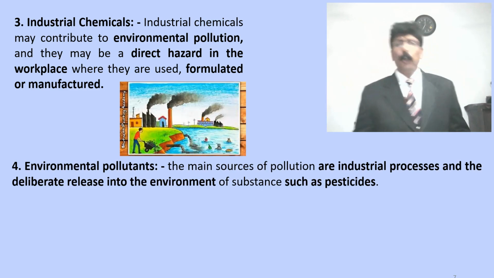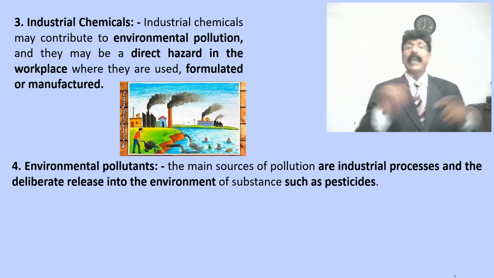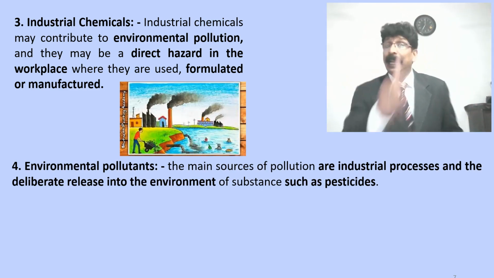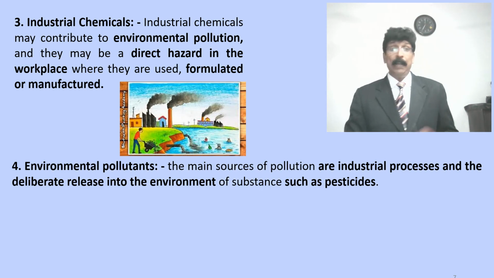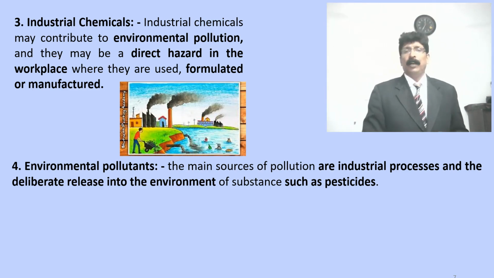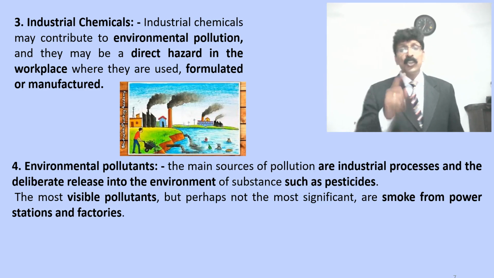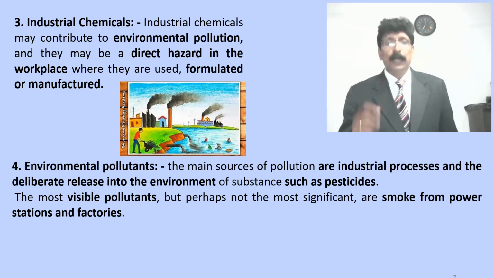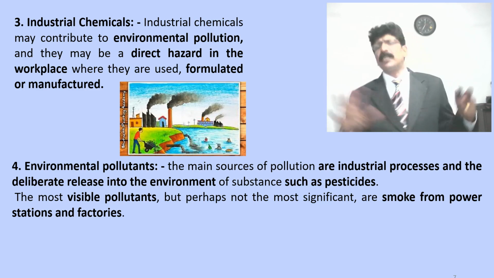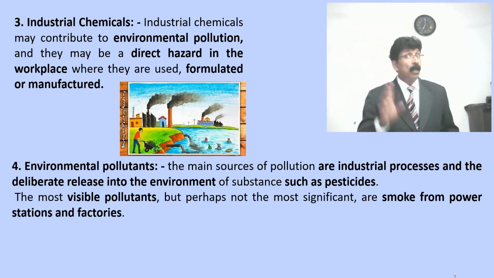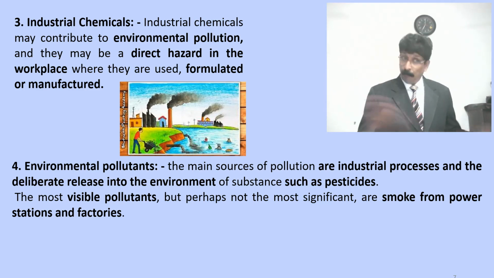Environmental pollutants. The main source of pollution are industrial process and the deliberate release into the environment of substances such as pesticides. The most visible pollutant, but perhaps not the most significant, are smoke from a power station and factories.